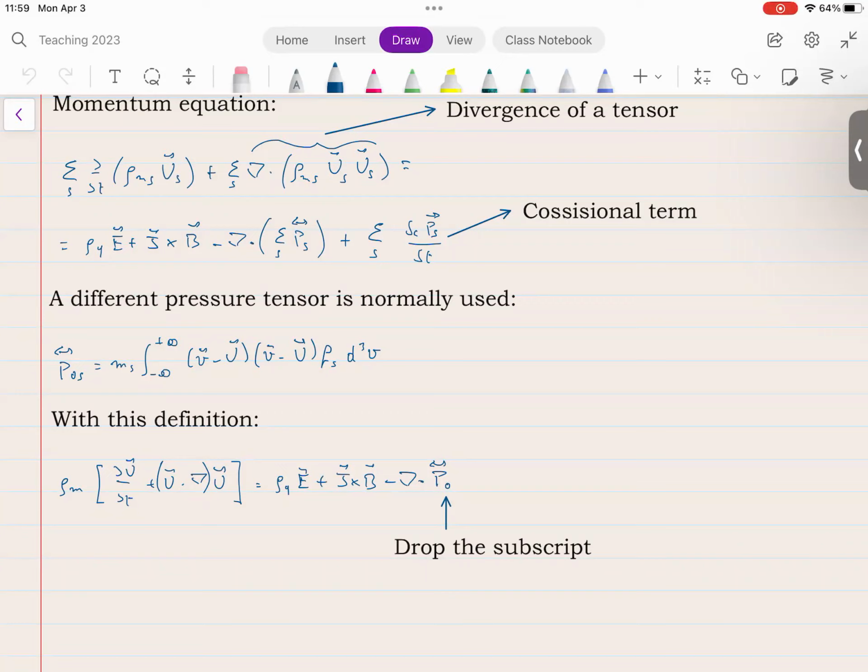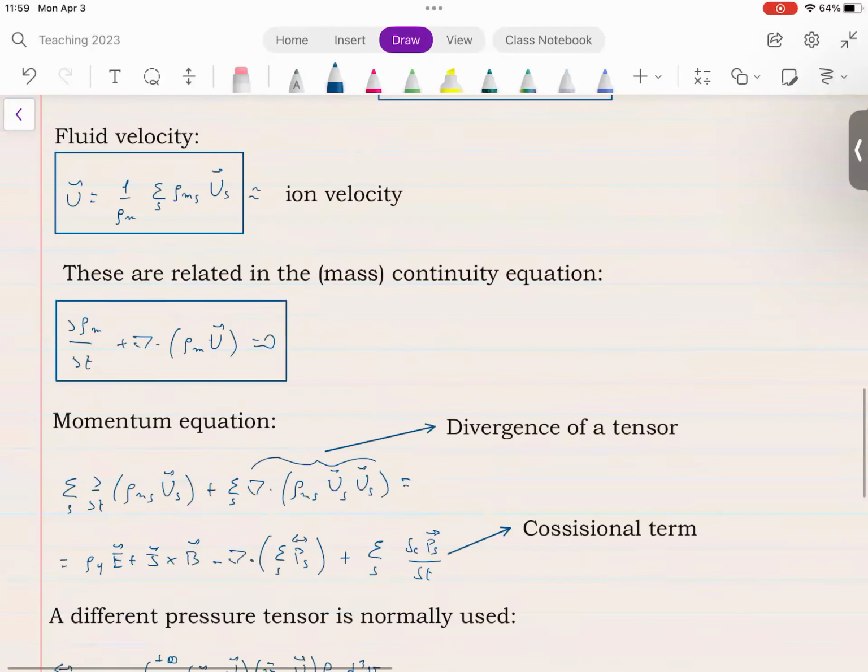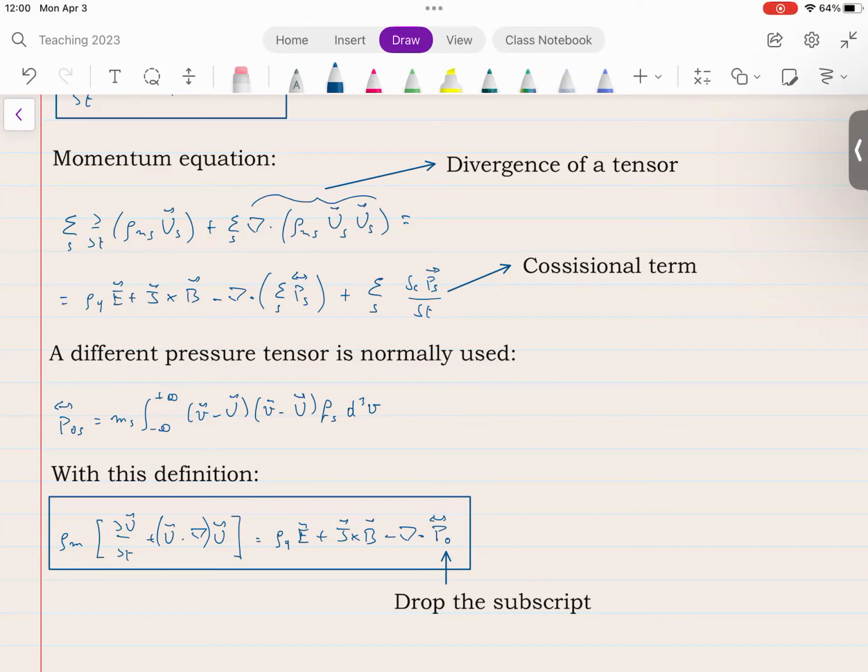If you have any doubts, let me square this equation. You can check the form of the equation. Does it look like the one on top of the page or the one that's squared? Looking at the momentum equation, if there is any ambiguity, it will tell you which definition of the pressure tensor you're using.